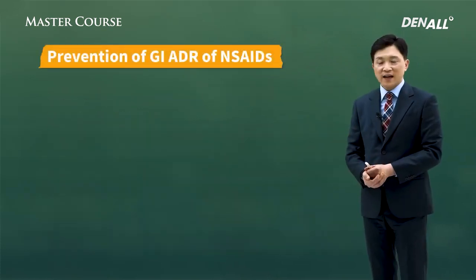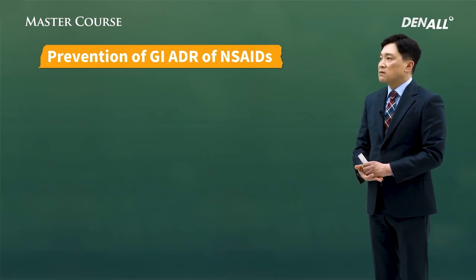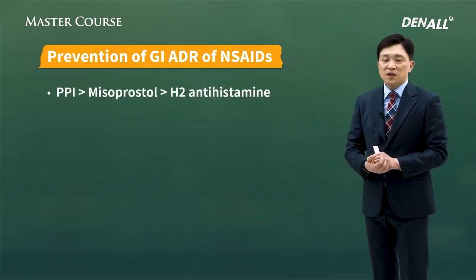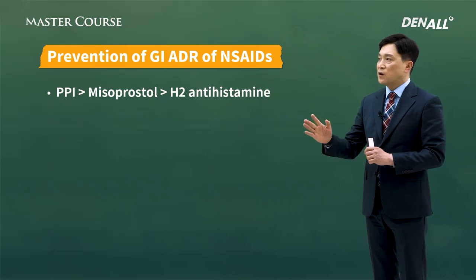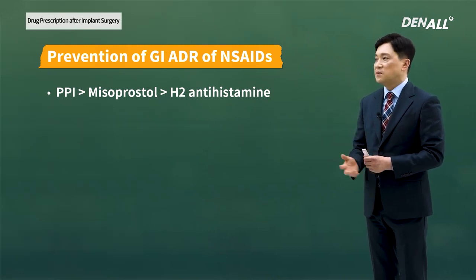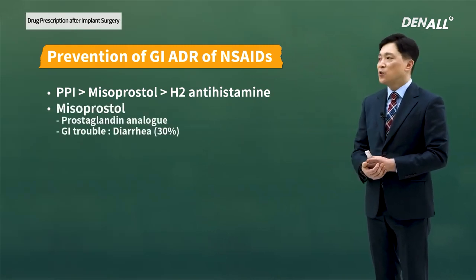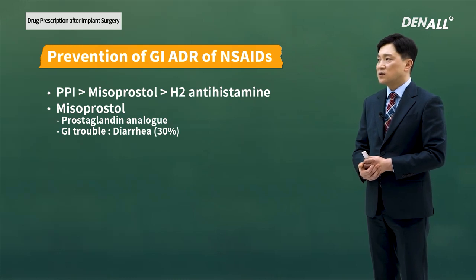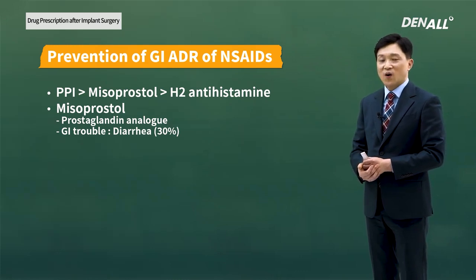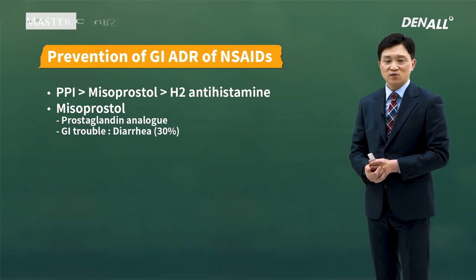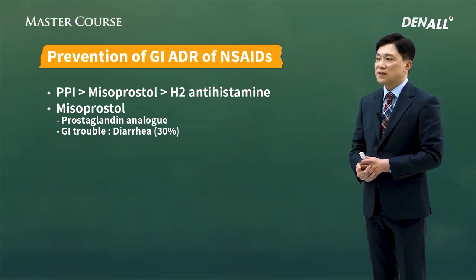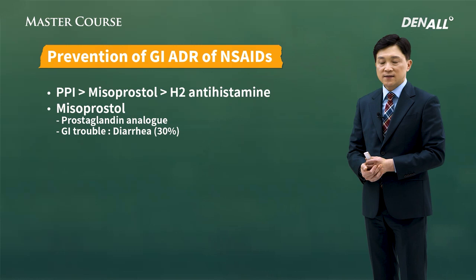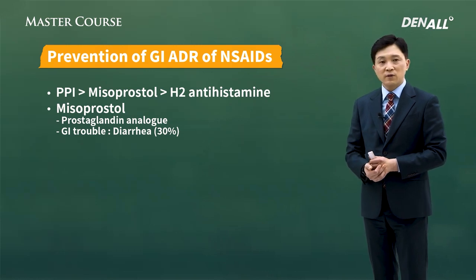Misoprostol, PPI have been mentioned. In terms of the efficacy, PPI is the best, and then misoprostol and H2 antihistamine. Misoprostol is a prostaglandin analog, and when it is used repeatedly, GI trouble can occur. So rather than using misoprostol, PPI needs to be used.